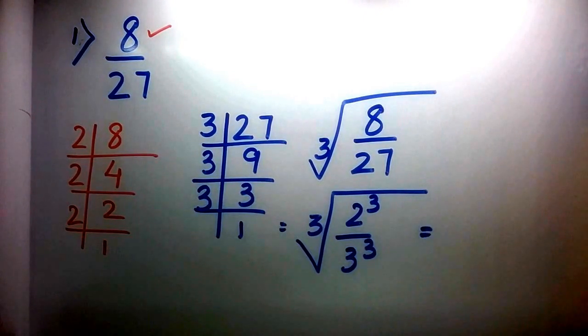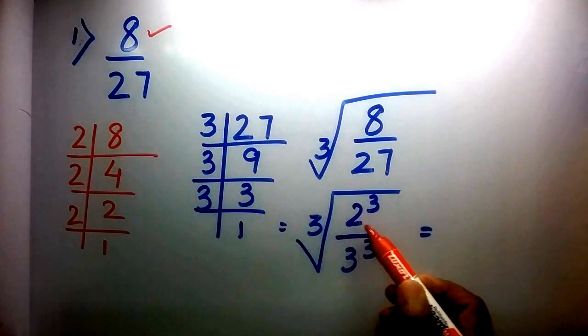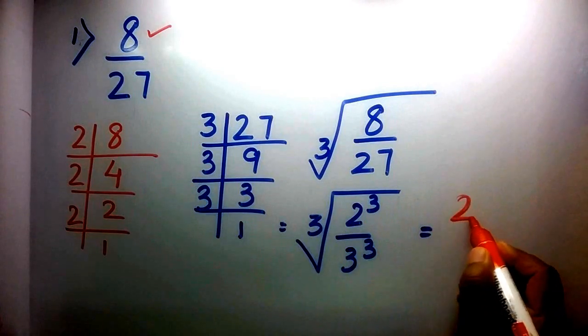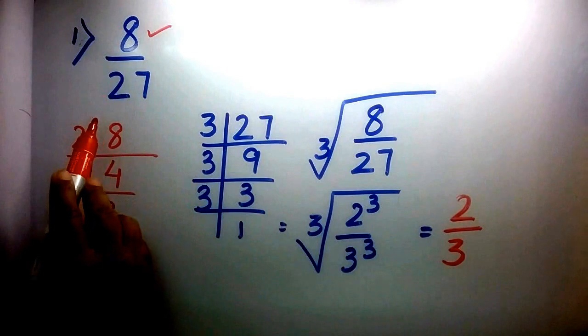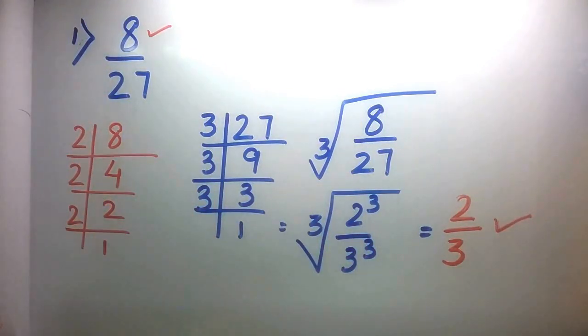So when you're finding the cube root, 2 cube and 3 cube, 2 is repeating 3 times, so you can write this as 2 and this as 3. So the cube root of 8 upon 27 is 2 upon 3.